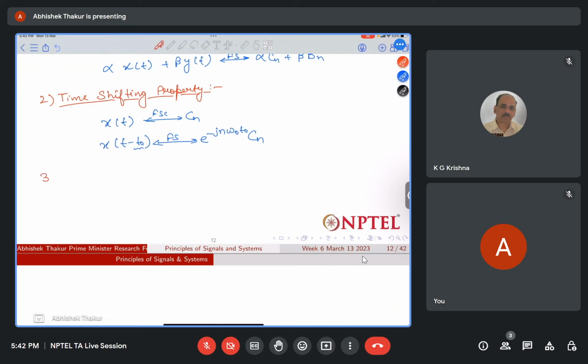The third one is the frequency shifting property. In this, if for xt it is Cn, then for e to the power of j m omega naught t into xt, it will be c of n minus m.